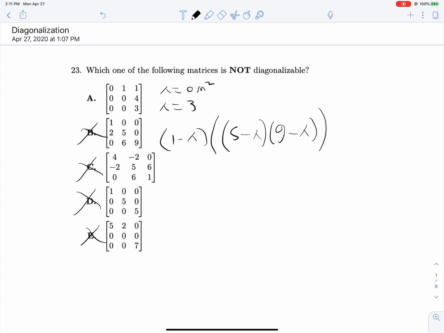But if we plug in 0 for all those lambdas, that does nothing to our matrix, and we still have 2 pivot positions. Thus, we don't get our 2 free variables, and A is not diagonalizable.